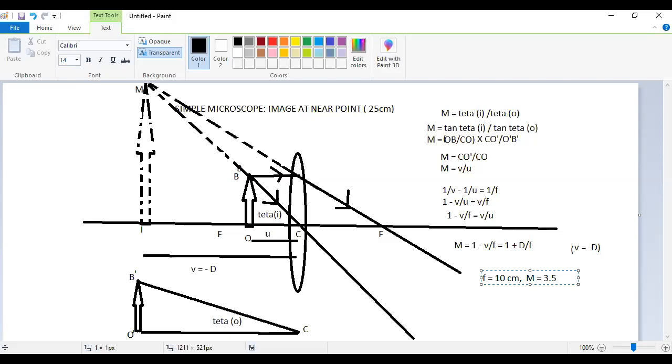F is 5 centimeters, so M is equal to 5 plus 1, 6. In short, shorter the focal length, higher the magnifying power.